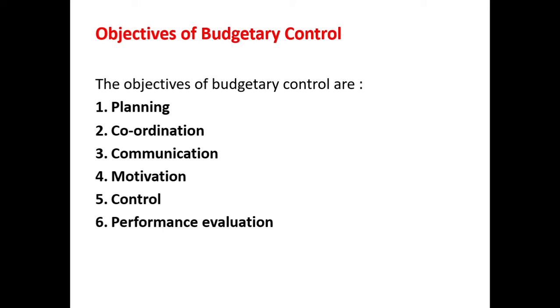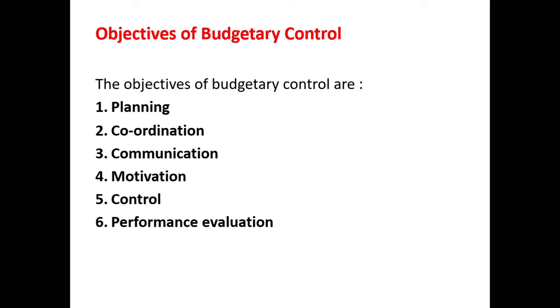Detailed plans relate to production, sales, raw material requirements, labor needs, advertising, sales promotion, research and development activities, capital additions, etc. So, by planning, many problems are anticipated long before they arise, and solutions can be drawn through careful study.